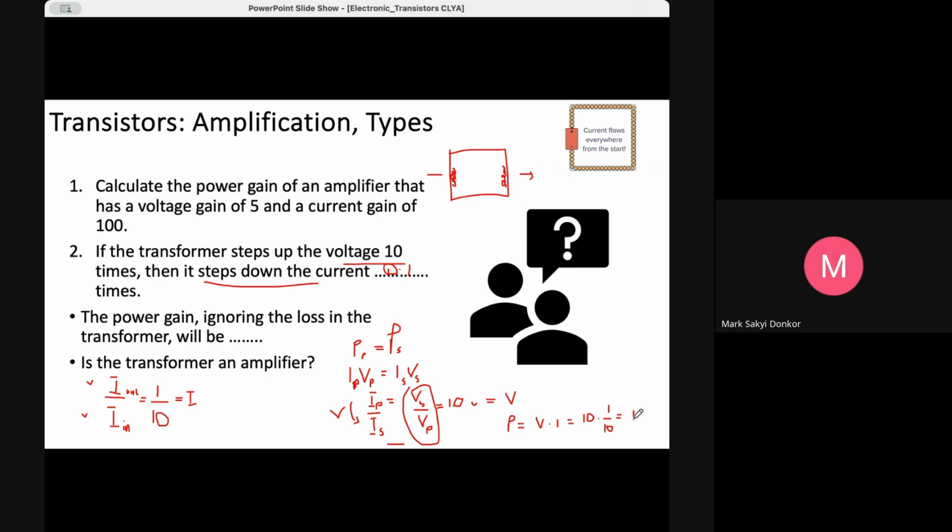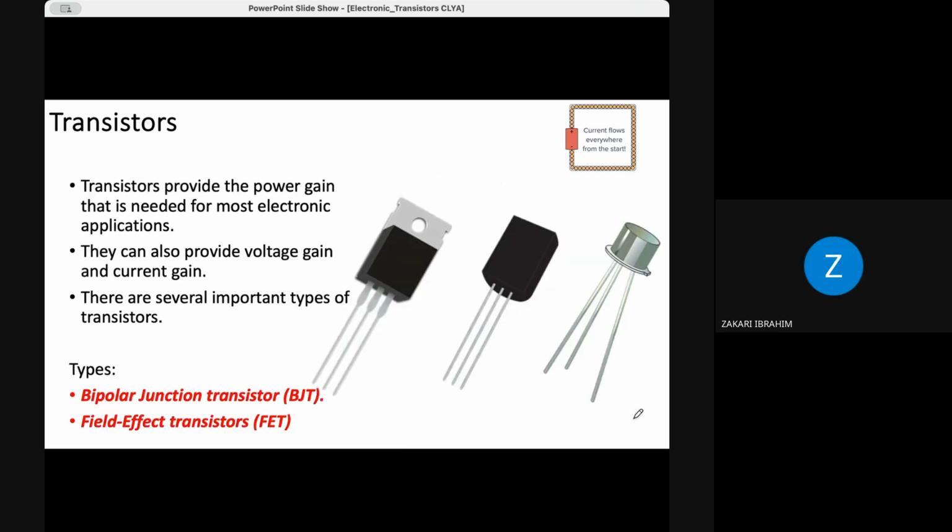So Rabbi, if I understand you well, it means that if the transformer targets the voltage and steps it up, it will automatically step down the current. Relatively, yes, from our formula. It can't work on both at the same time. It works on only one. Is that okay?